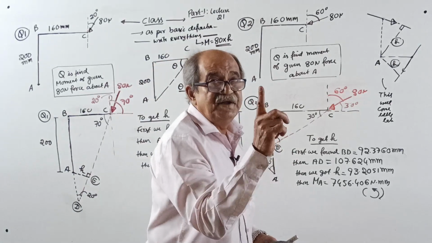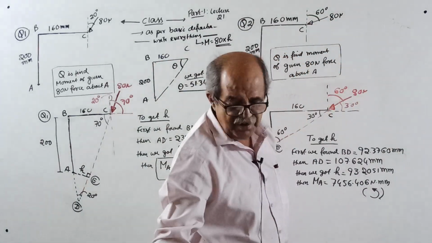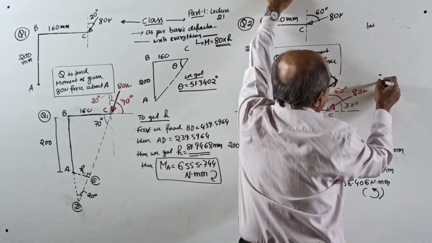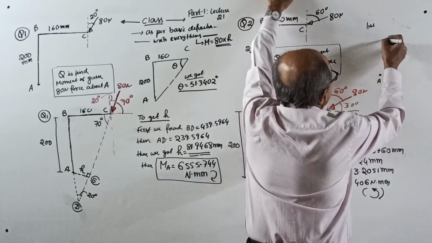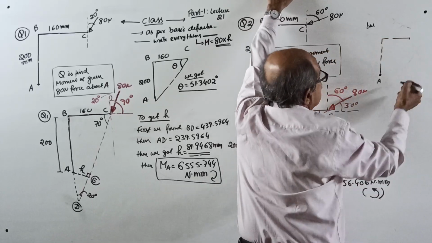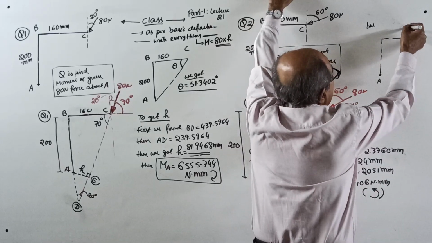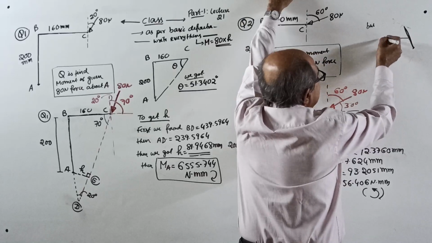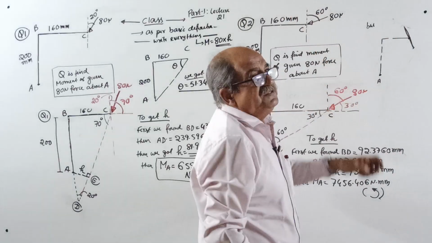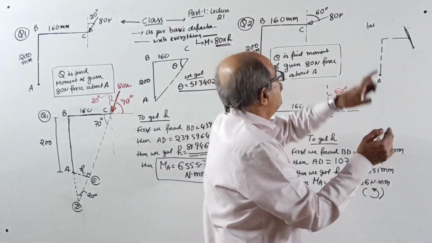But right here, if you want moment about a point, suppose you draw a vertical line here and a horizontal line here. Suppose the inclined force is somewhere here. There is always a known point for any force. This is a known point.